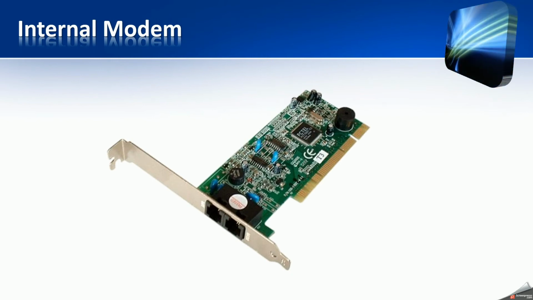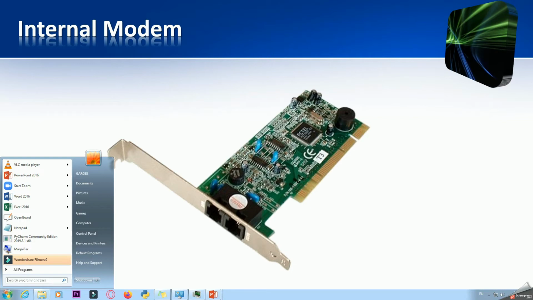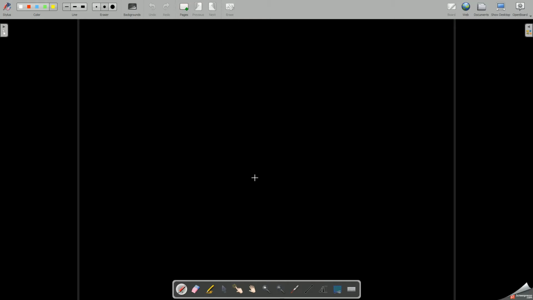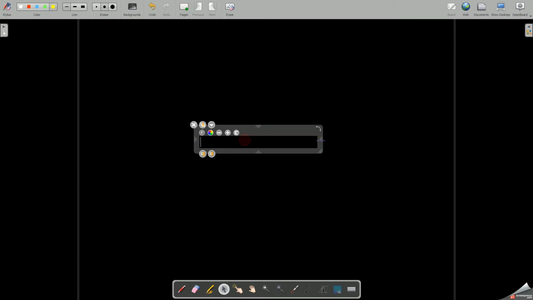So here in this image you can see an internal modem, which is actually known as an NIC card. It is known as an NIC, that is Network Interface Card, also known as LAN card.